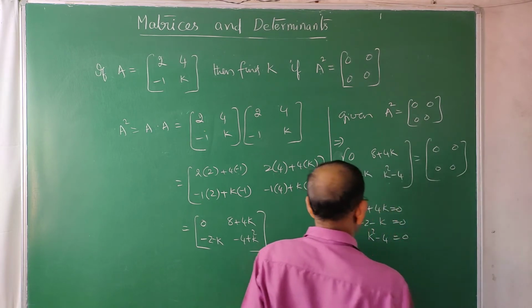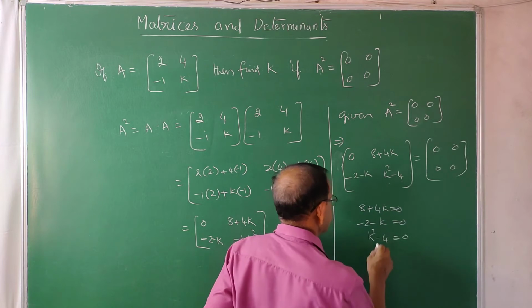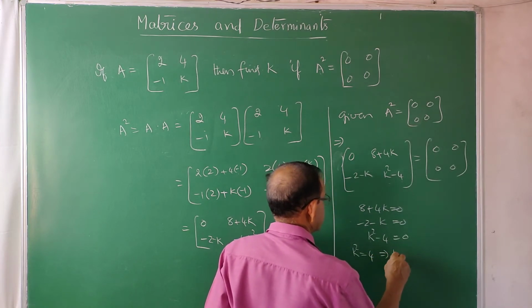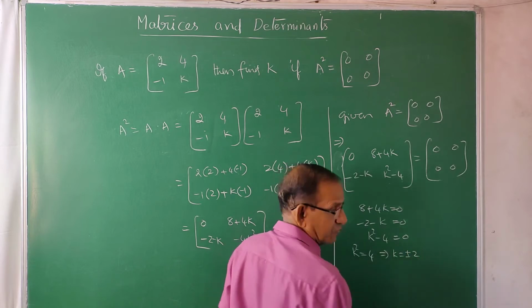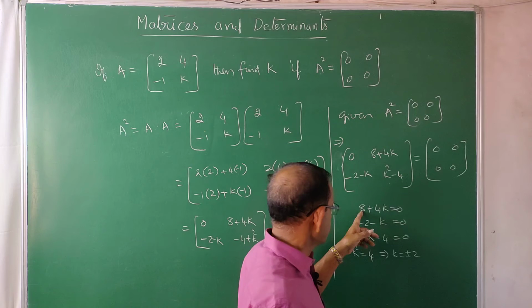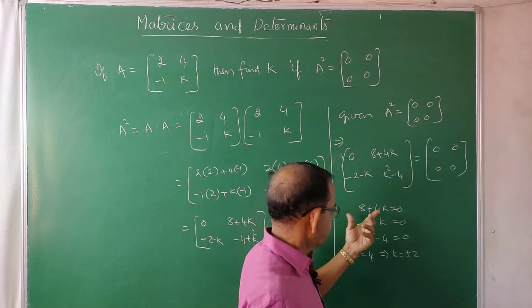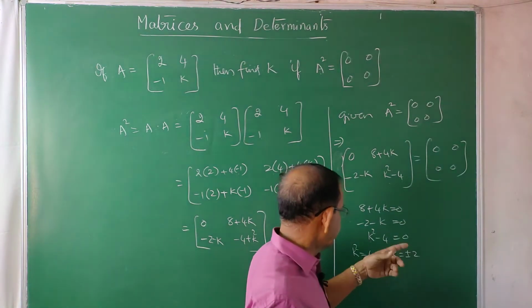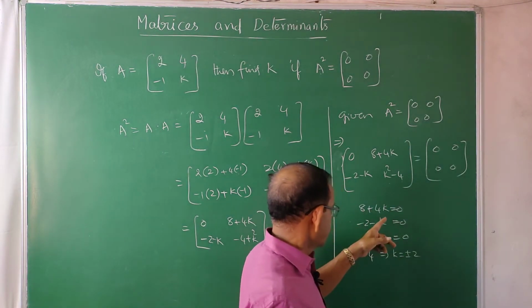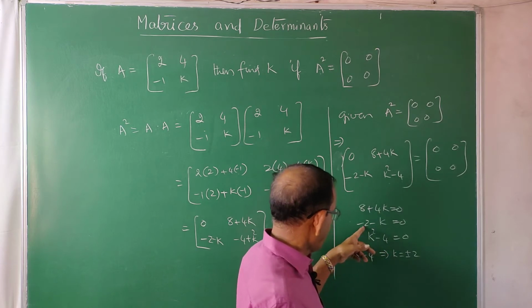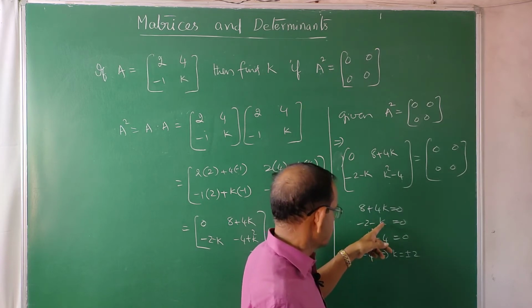Now first of all, you take the last equation, k square is equal to 4. That implies k is equal to plus or minus 2. But this must satisfy these two also. If you take plus 2, 8 plus 8 you are getting, so that is not satisfying. So you should not take plus 2. Take minus 2 now. k is equal to minus 2: 8 minus 8, 0. And about this one, minus 2 minus minus 2, minus 2 plus 2, 0.